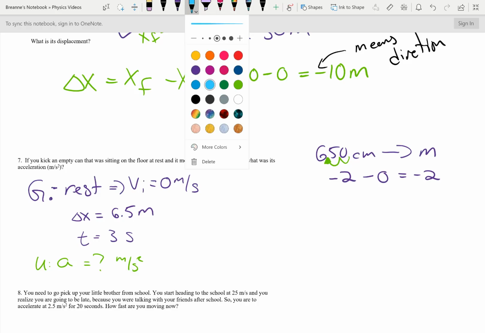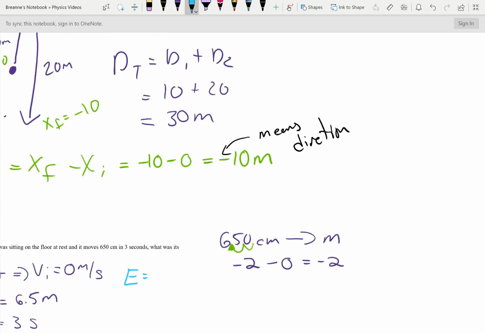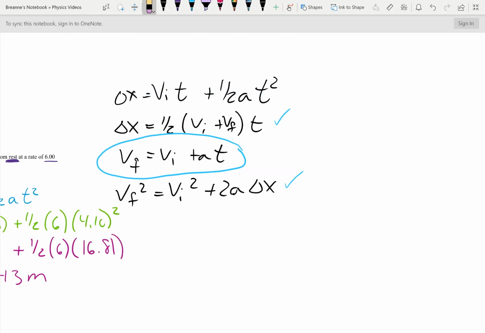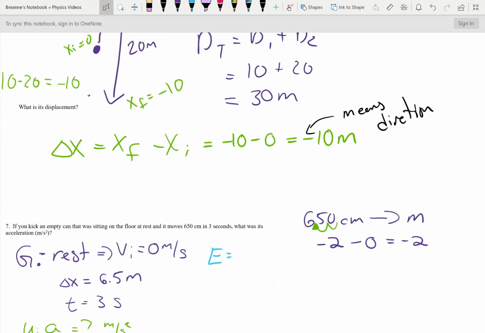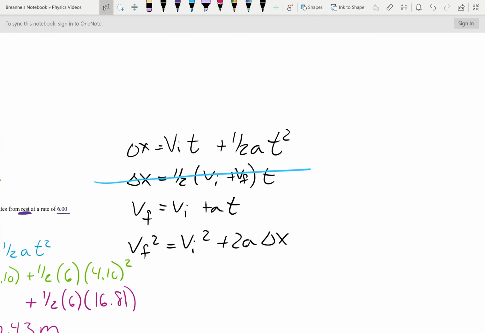Our equation, let's figure out what equation to use. Looking at our equations, we are looking for acceleration, so it has to have acceleration in it. So we cannot use that equation because it does not have acceleration in it. Our givens, we are given initial velocity, distance, and time, and it has acceleration.